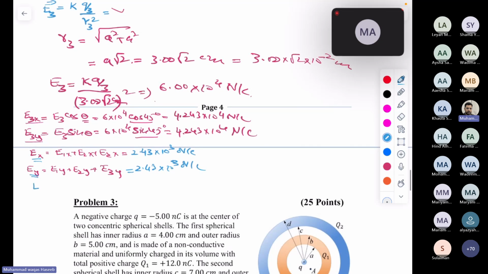We can now calculate E, the magnitude of E, which is the square root of Ex squared plus Ey squared.